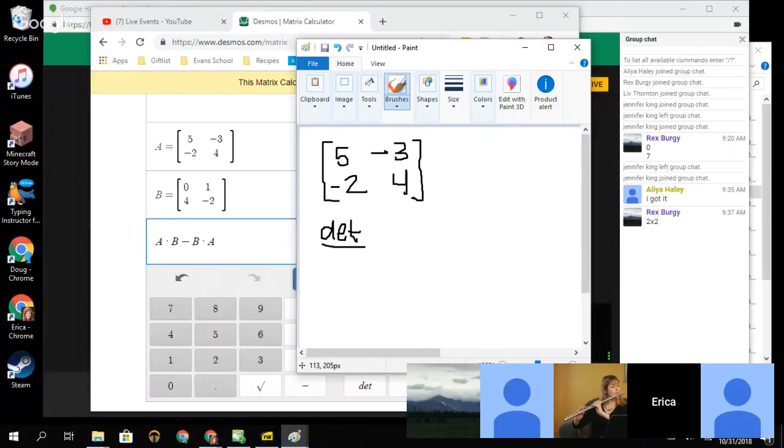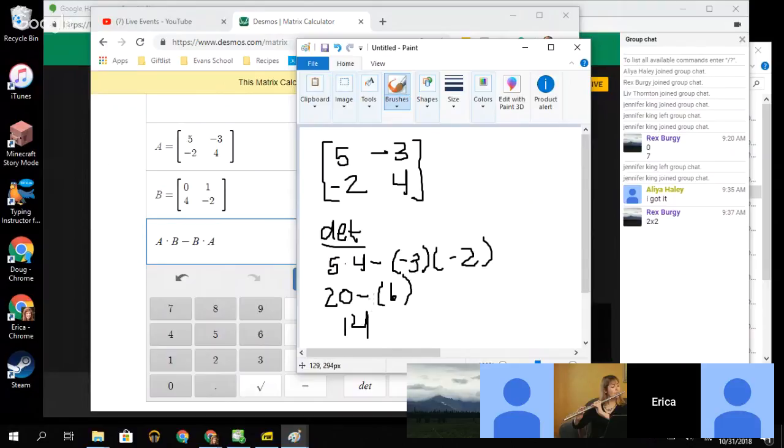So the determinant would be 5 times 4 minus -3 times -2. 5 times 4 is 20 minus -3 times -2 is 6. So the determinant would be 20 minus 6, which would be 14.